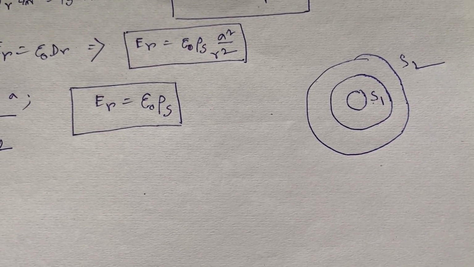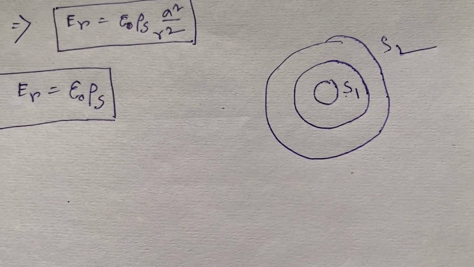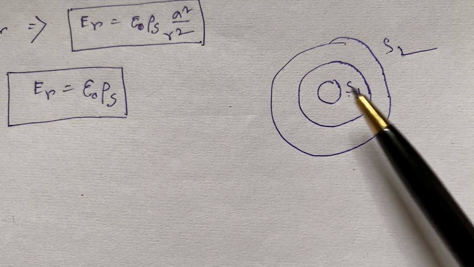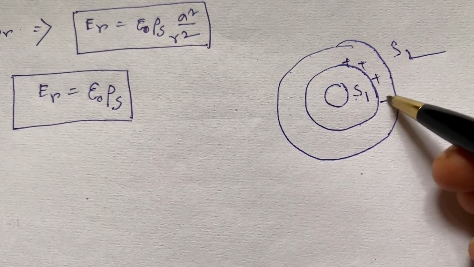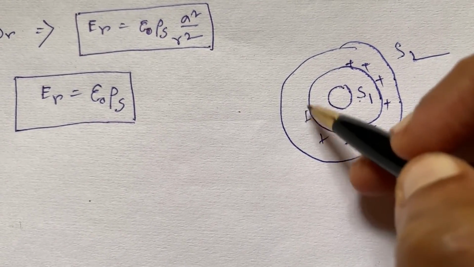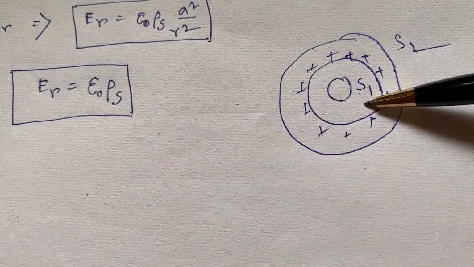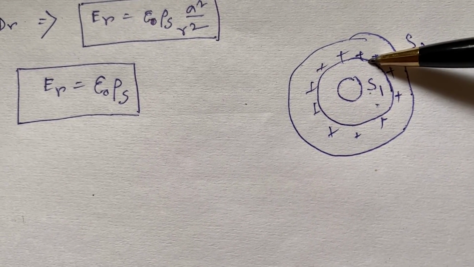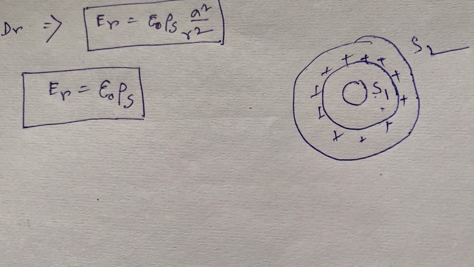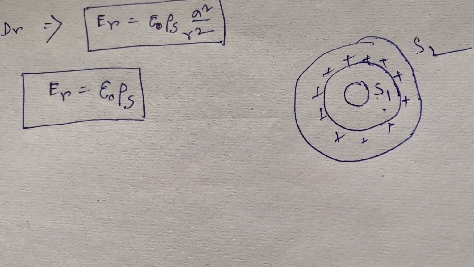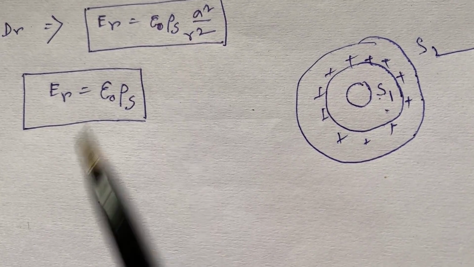Now if we expand this S1 surface until we reach this shell where the charges are situated, the electric field is identically equal to 0, but here the electric field is constant, and that is rho_s by epsilon_0. And after that, the electric field also has this non-zero value.